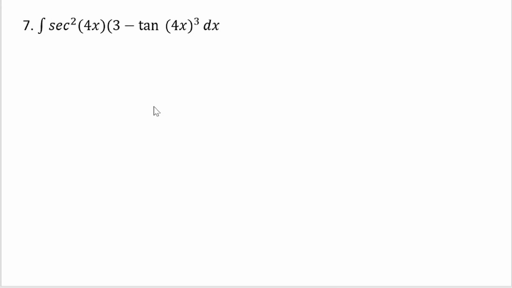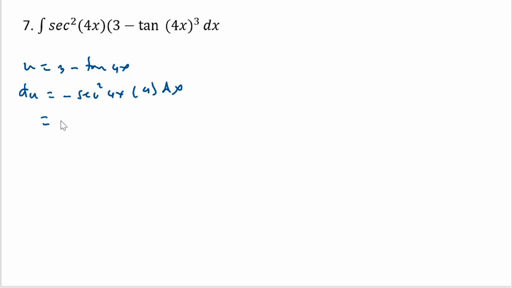In number 7, we have the integral of secant squared 4x times the quantity 3 minus tangent of 4x to the power of 3. So in this case, our u is 3 minus tangent of 4x. So taking the derivative of that, the derivative of 3 is 0 minus the derivative of tangent, which is secant squared. So we have the negative of secant squared of 4x times 4 dx.